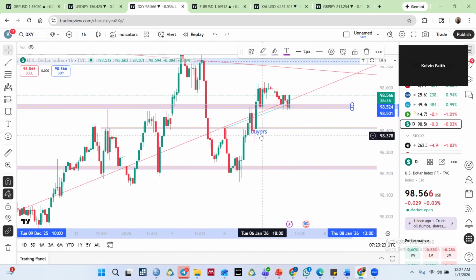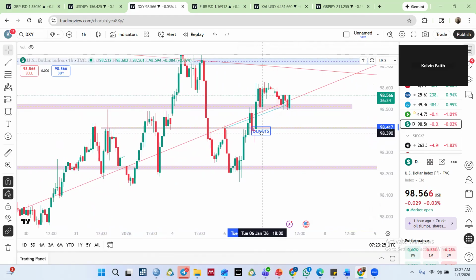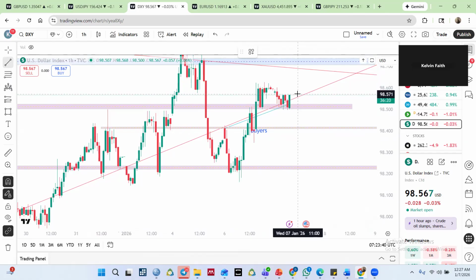But more importantly, this current support that the market formed that pushed the price up, we need to see this current support broken. These buyers sitting here, we will need the market to drop down. I don't know if it's going to drop, I cannot tell, but the market needs to drop down, crash these buyers, okay, crash them.